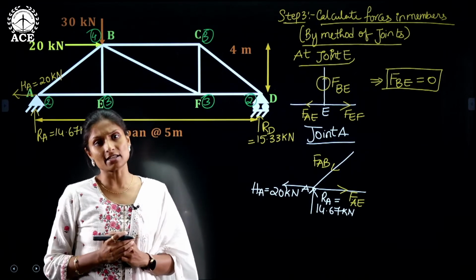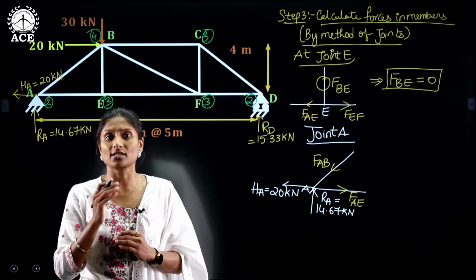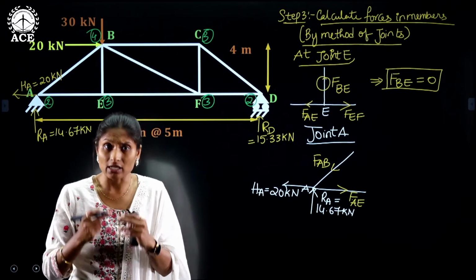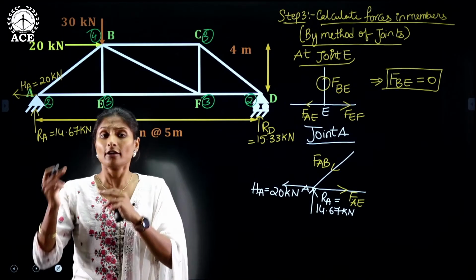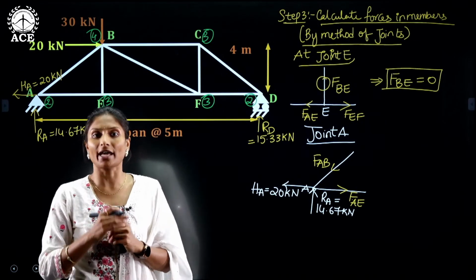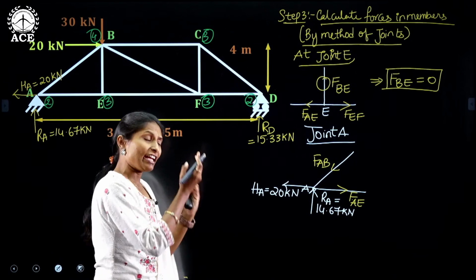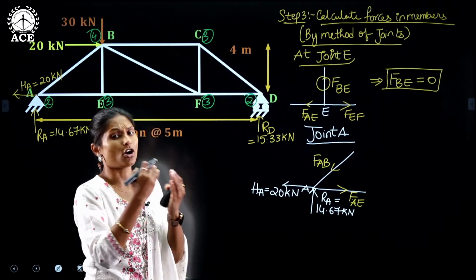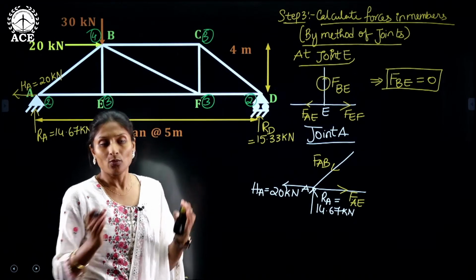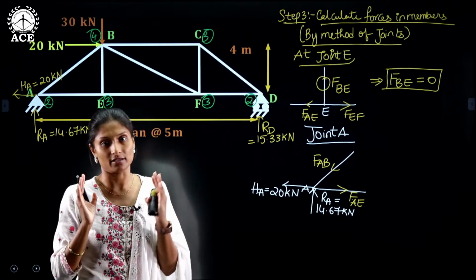If you get a negative value, the negative sign indicates that the assumed direction is wrong and the force acts in the opposite direction. Once you solve the forces, you correct the direction accordingly.